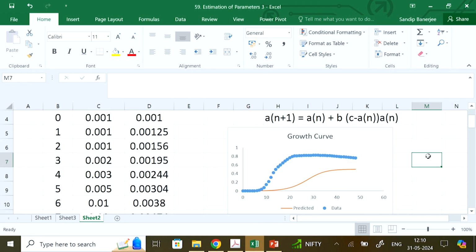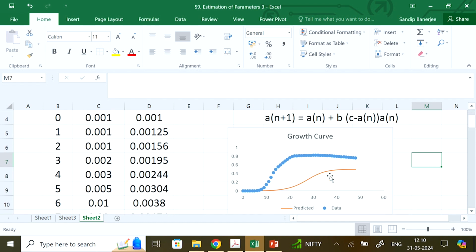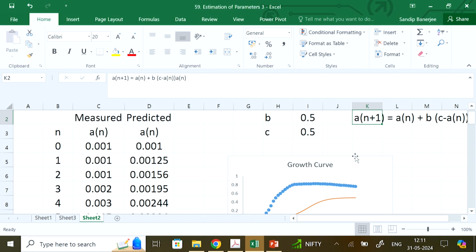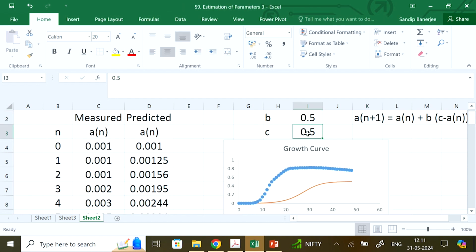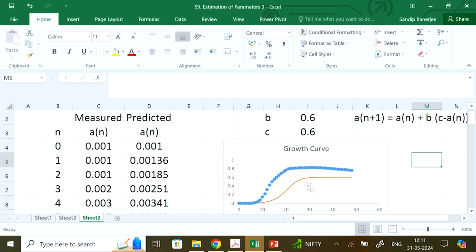Once I change these values to 0.5 and 5, I see this curve is going up. Let me remove this one so that you can have a look here. Yeah. So 0.6, it's again moving up, again 0.6. So slowly you can see that if I adjust it, I can bring it somewhere here.